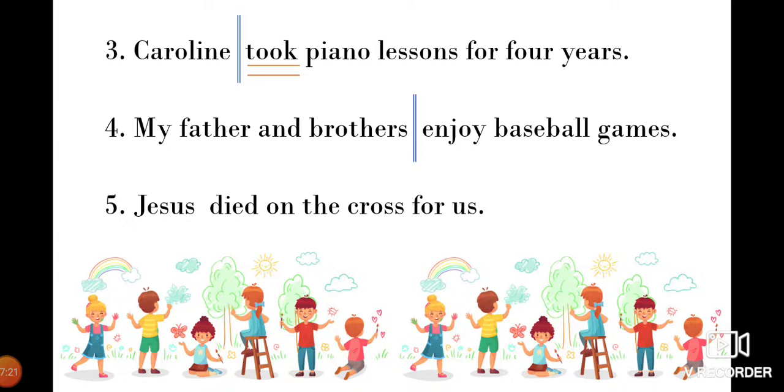This is the subject. We separate the predicate, and the most important word is enjoy. That means this one is the action. "Jesus died on the cross for us." We separate the subject and the predicate, and we choose the verb, which in this case is died. We draw two lines because we need to identify it in that form.